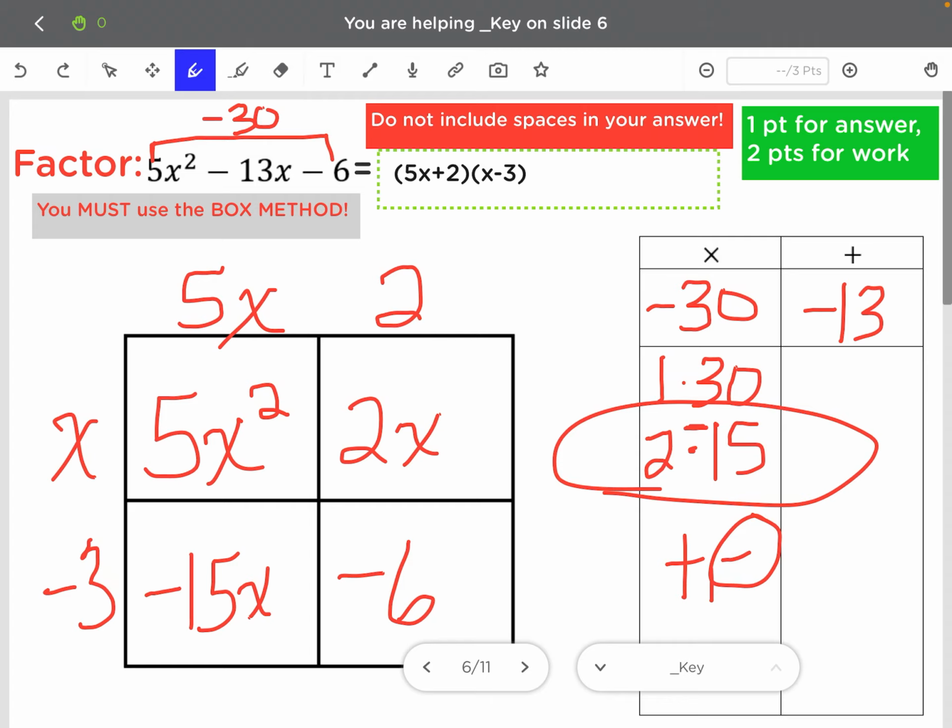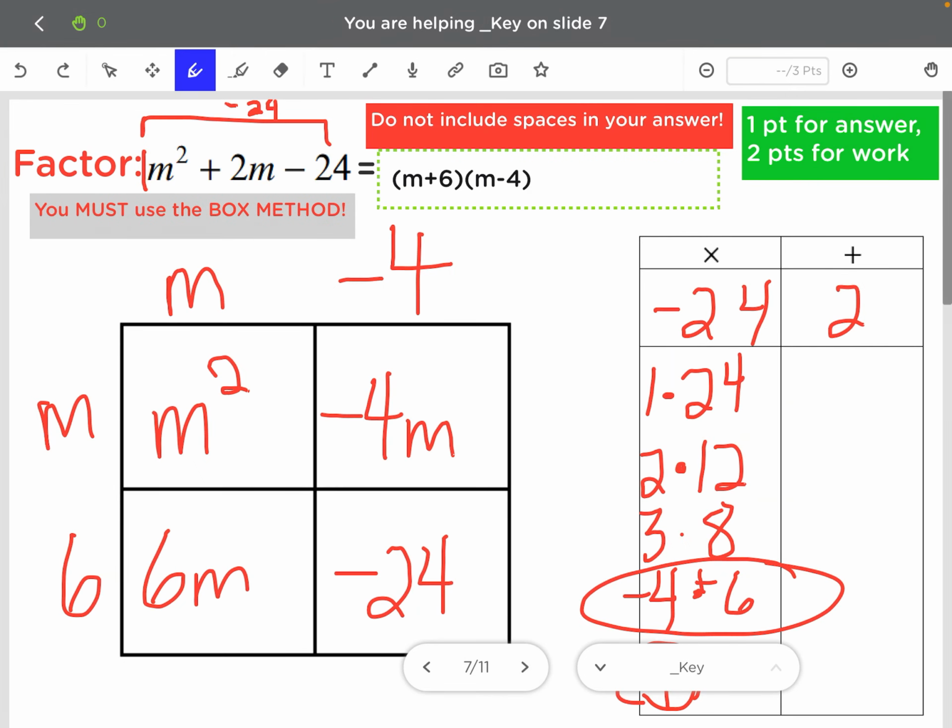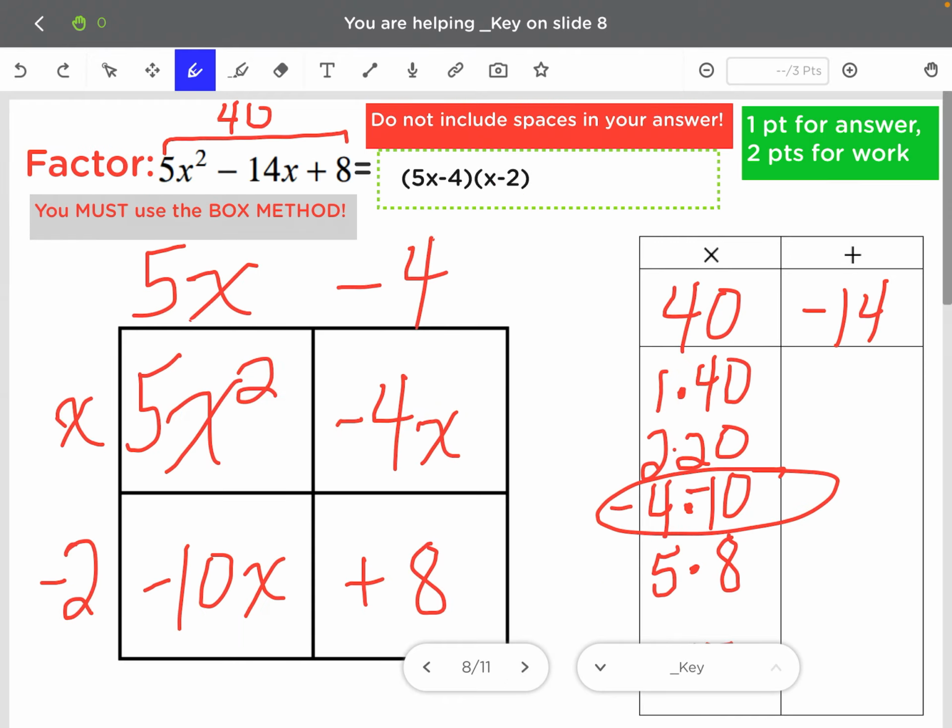Again, a leading coefficient of 5. The 2 ended up there, but the -15 did not. And then this one, a leading coefficient of 1, it ended up being a -4 and a +6. So the two numbers that we chose, factors of AC that add to B, ended up being the two numbers that were in the parentheses. Again, leading coefficient of 5, and my two numbers did not end up being the ones that were there.